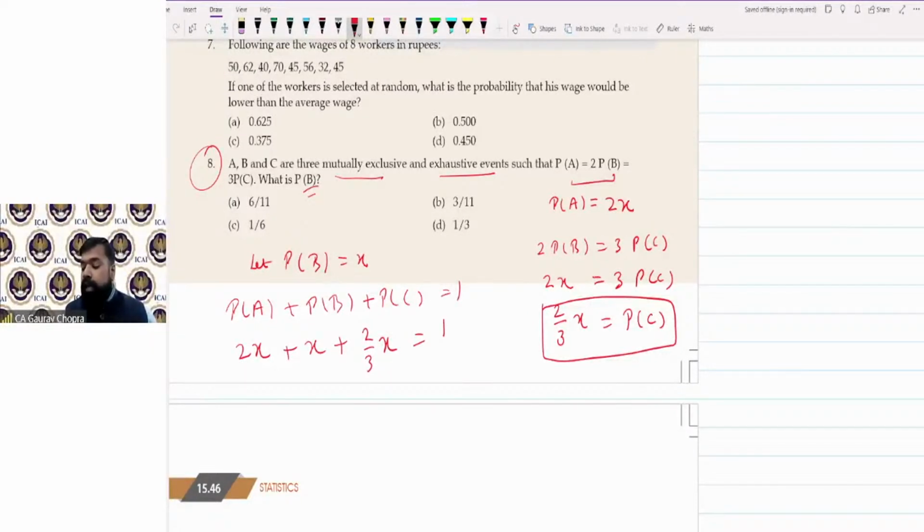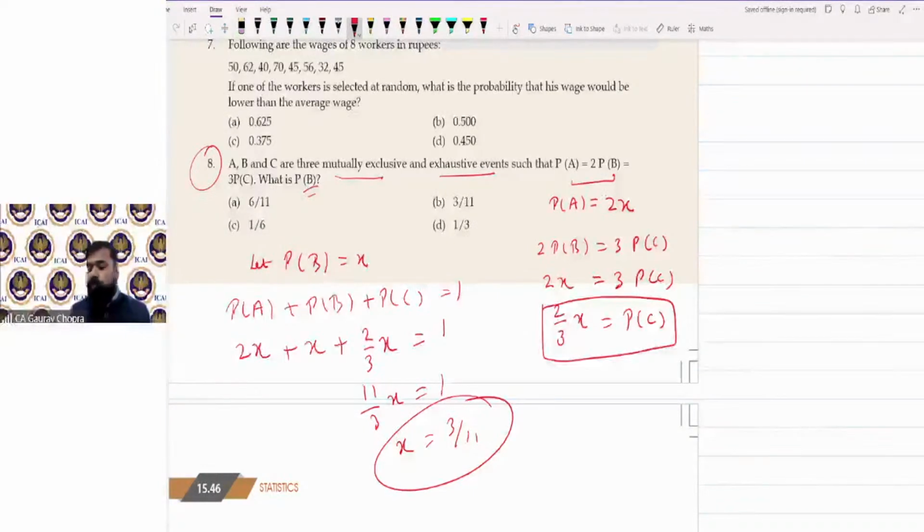Now you can add and get the answer. Let's add them. You will get 9 plus 2, 11 by 3 x equal to 1. So x will be 3 by 11. Option number B is the correct answer.